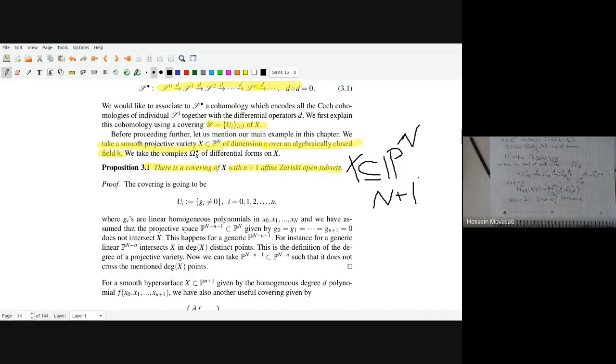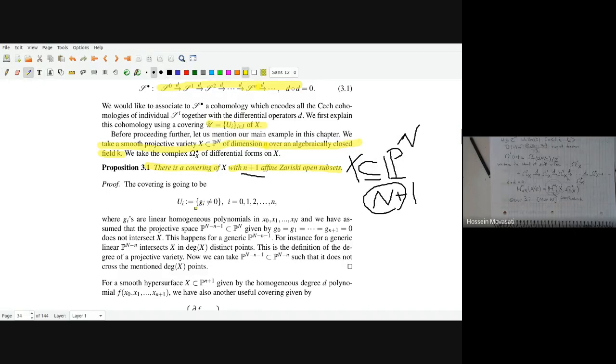We can reduce the number of open sets to n plus 1, where n is the dimension of X, whereas capital N is the dimension of the projective space. And actually, the proof is very, very simple.